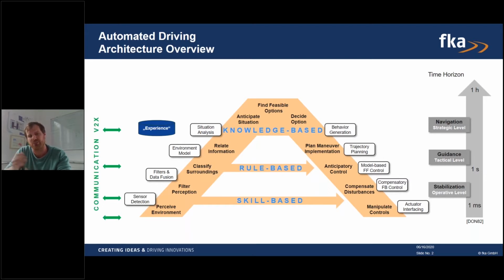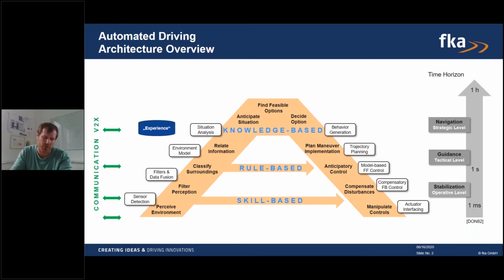I'll show you some implementation results from data fusion: what we do with the perceived information, how we classify it and bring it into an environmental model, and, once we have all this information, how we analyze the situation. That's basically the rising part of the alpha model.